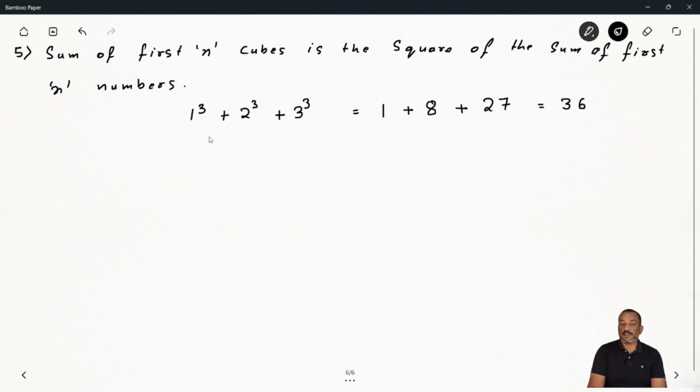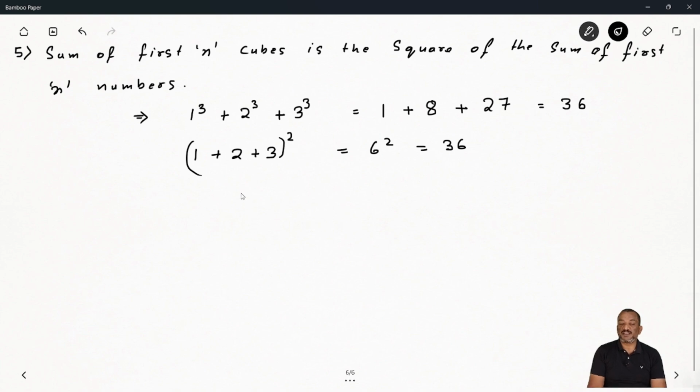Now it says the sum of cubes of n numbers equals the square of their sum. So 1 plus 2 plus 3 is 6, and 6 square is 36. Hope you understand this one.